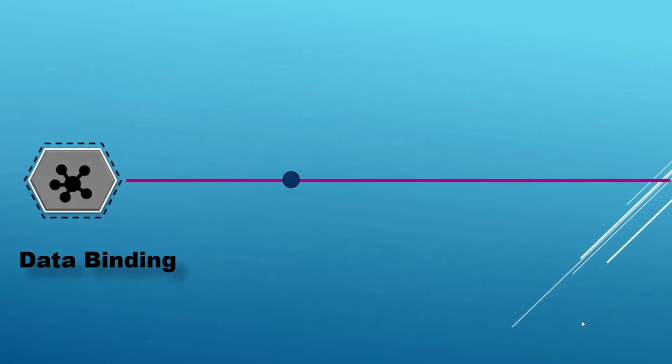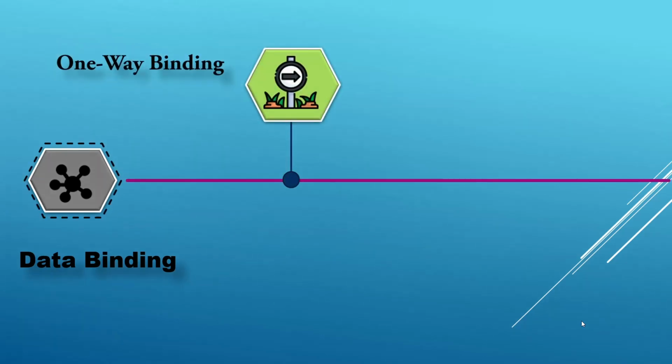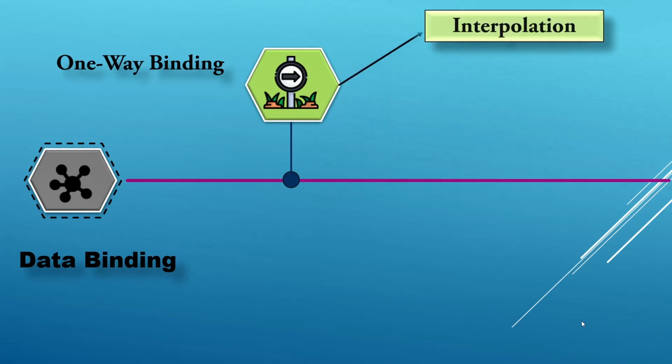So we have one-way data binding. One-way data binding means it will go from HTML to TS or TS to HTML, transferring the data in only one direction. So first will be interpolation. Let's say you need to show something in the HTML file, then you can use this interpolation.